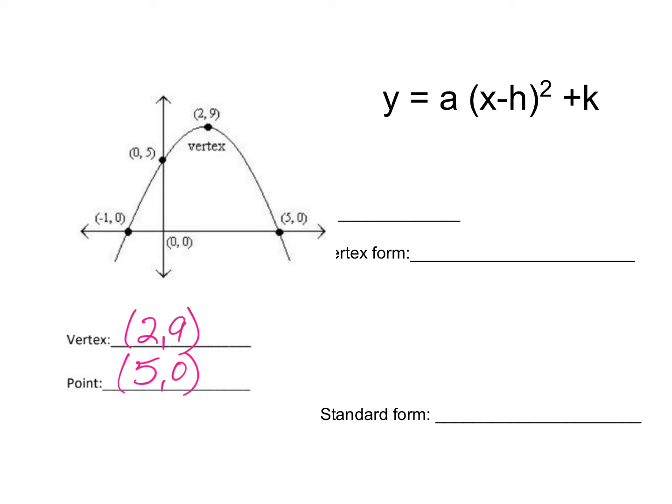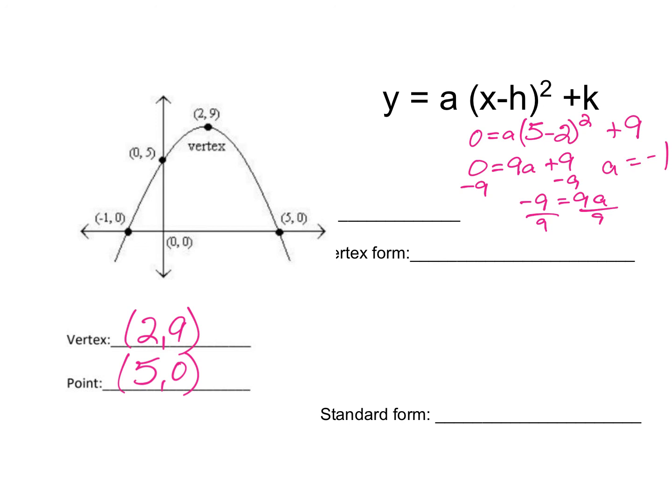So Y is 0 equals A times (X is 5, so 5 minus 2) squared plus 9. So 5 minus 2 is 3 squared, so this would be 9A plus 9 equals 0. Subtract 9. So negative 9 equals 9A, divide by 9. So A equals negative 1.